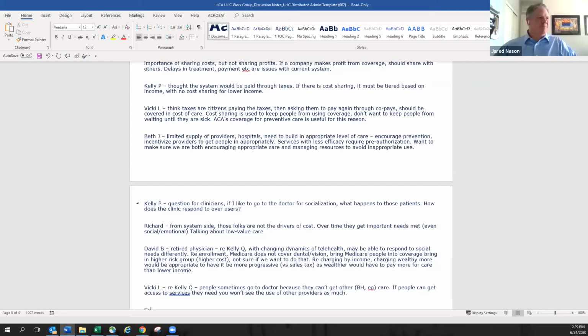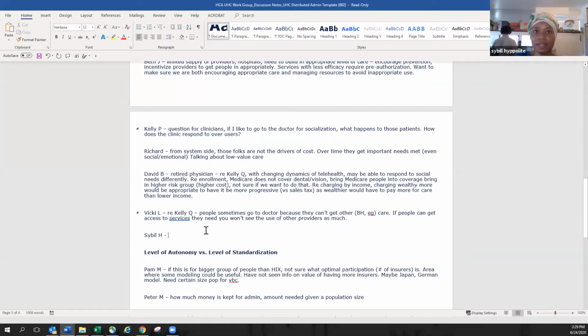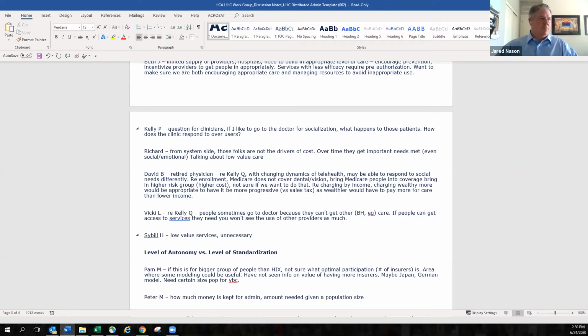Hi. So just in terms of cost drivers, I think a lot of them have been mentioned, but I would agree that one is low value services. Another one I'd say is unnecessary price variation among providers, which is a huge one. So I think that this would help address that. Another one is people with dual diagnoses who are not well managed.